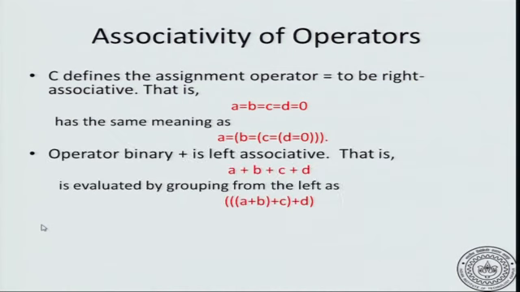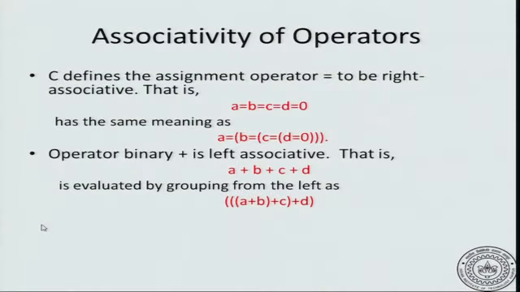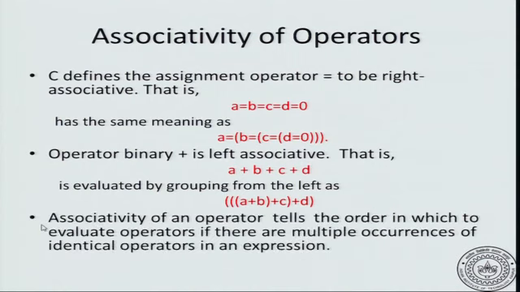On the other hand, if you take an operator like binary plus, the addition symbol, then the usual custom is that you parenthesize from left to right. So, the evaluation is done a plus b first, then that sum is added to c, then that is added to d. So, the assignment operation goes right to left, the addition symbol operates left to right.